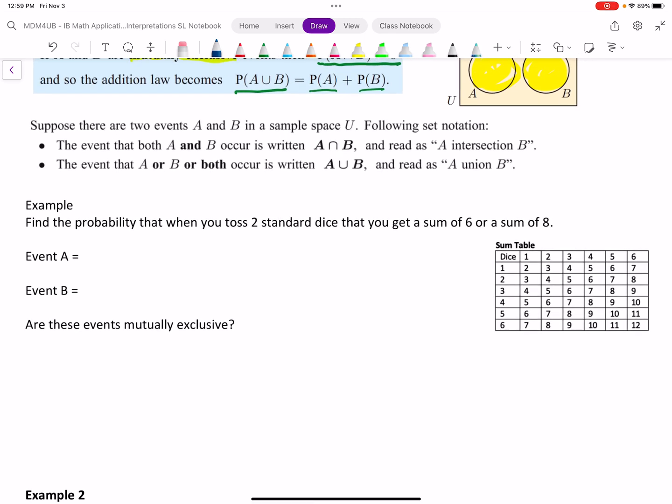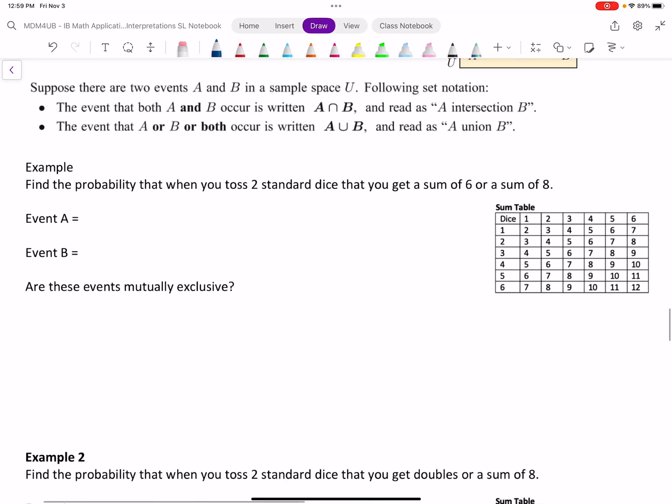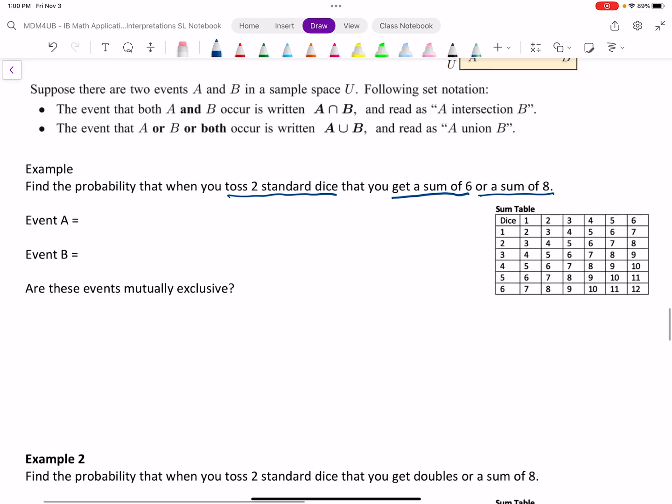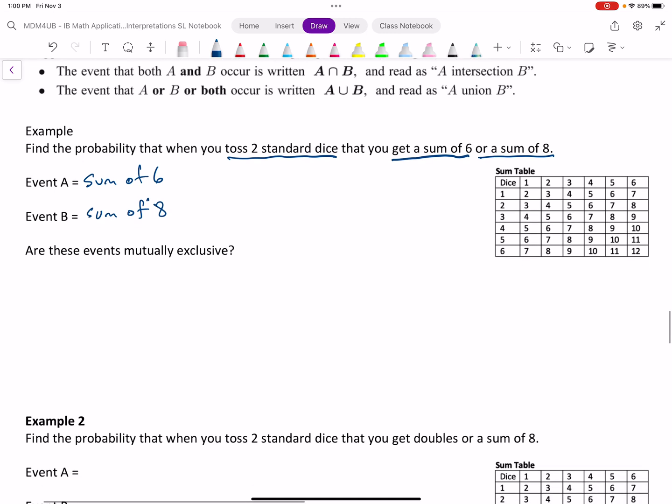It says, find the probability that when you toss 2 standard dice, you get a sum of 6 or a sum of 8. So let's say event A is the sum of 6, and event B is the sum of 8. To find the probability, I first have to ask myself, are these things mutually exclusive?